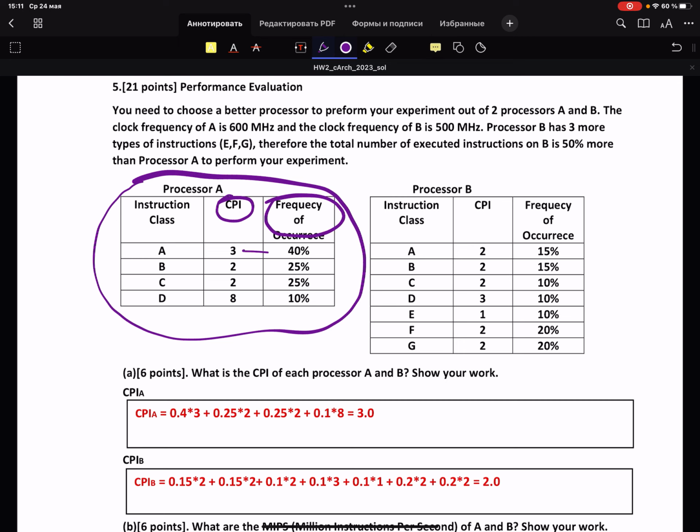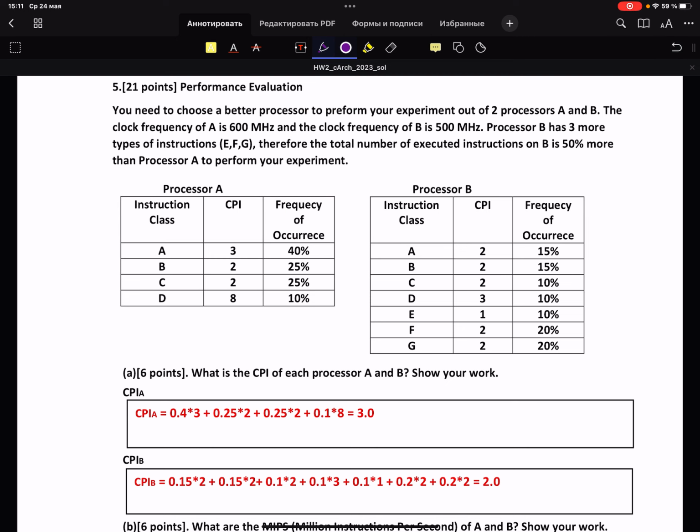So you don't multiply 3 by 40, you multiply by 0.4. I mean, first you divide these percentages, this frequency, by 100. If I do it like that, it's going to be 0.4, 0.4, 0.25, 0.25, 0.1. Okay, so this is the frequency of occurrence.